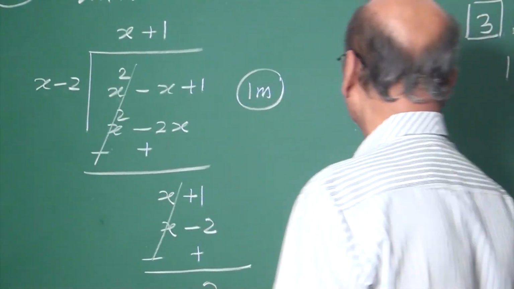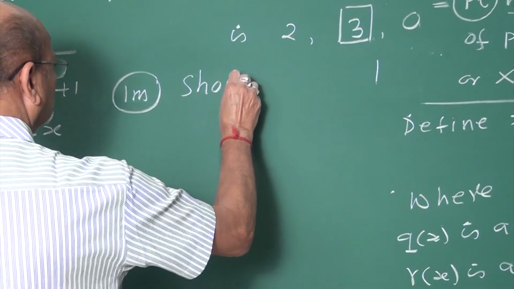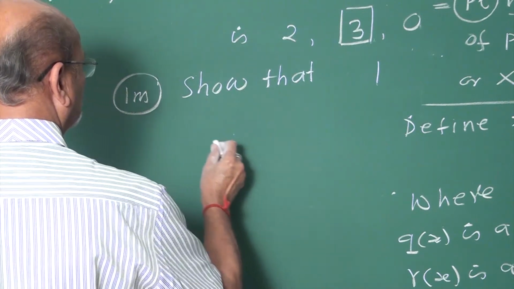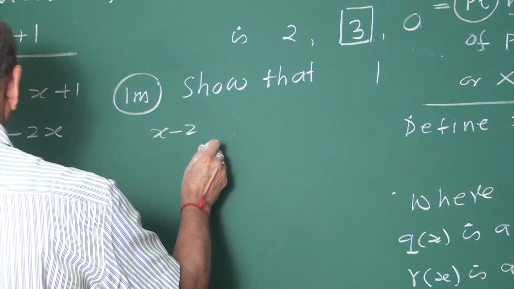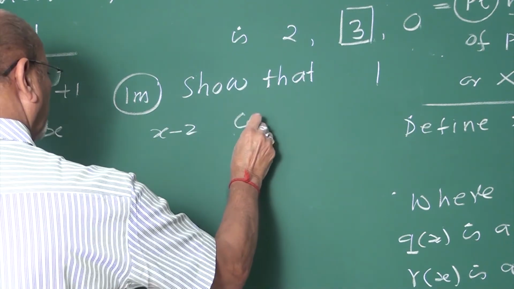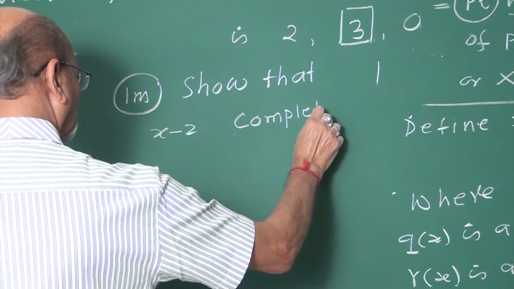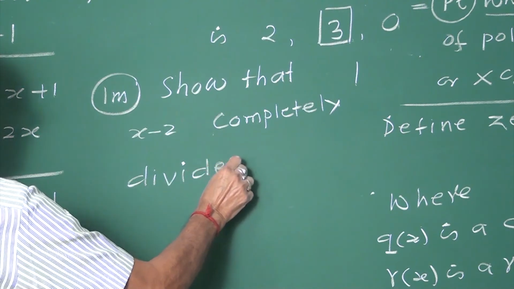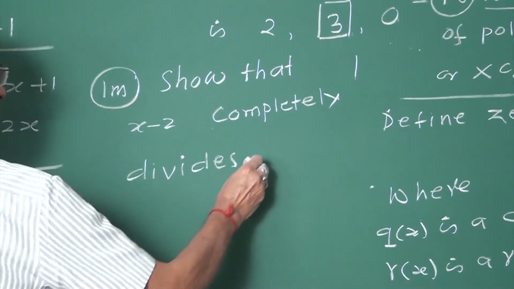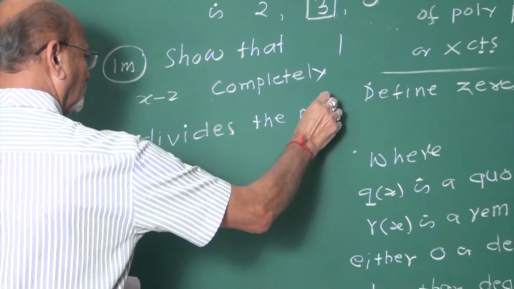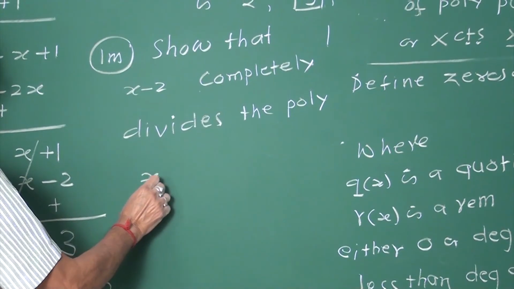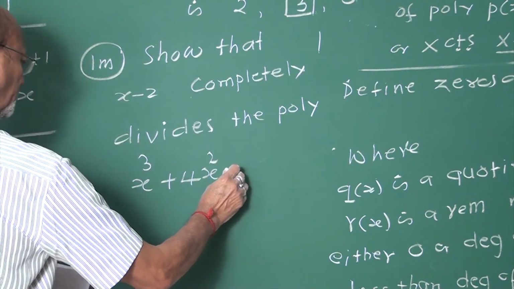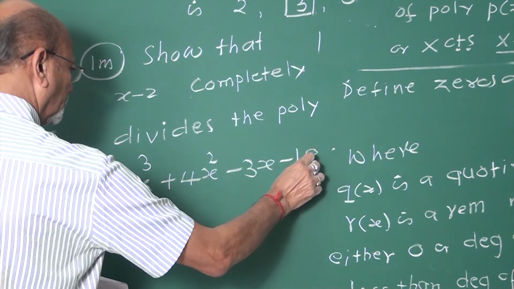Show that x minus 2 completely divides the polynomial x cube plus 4x square minus 3x minus 18.